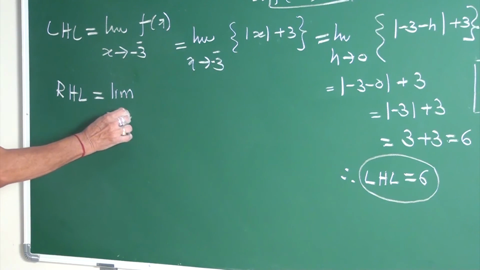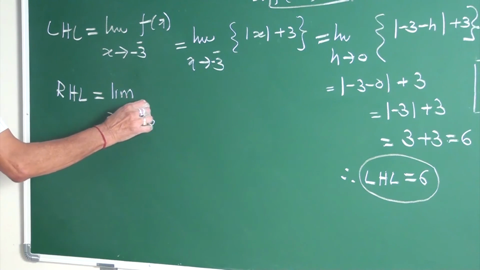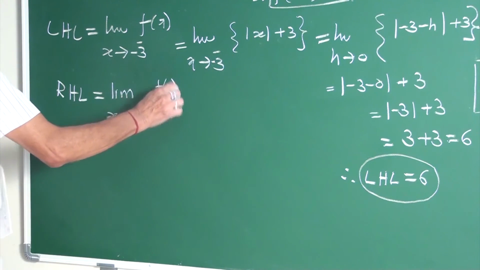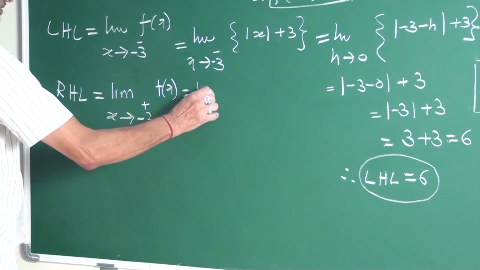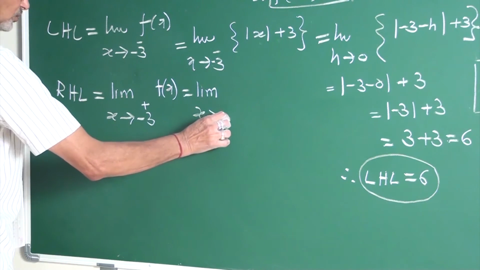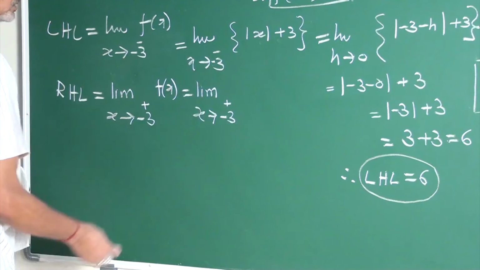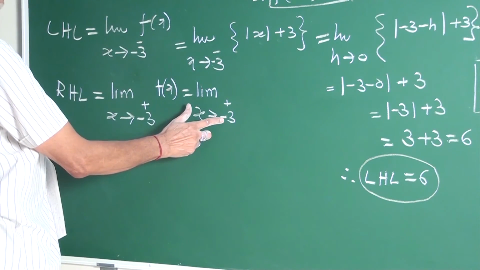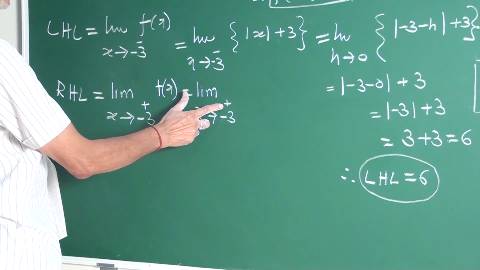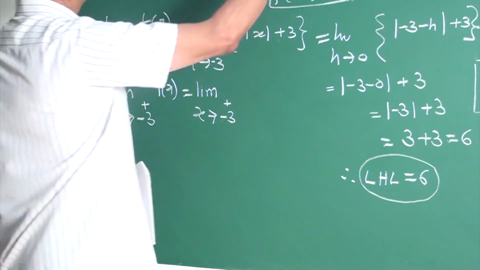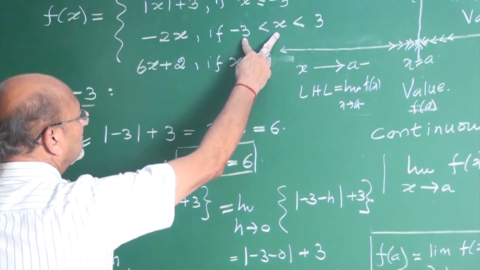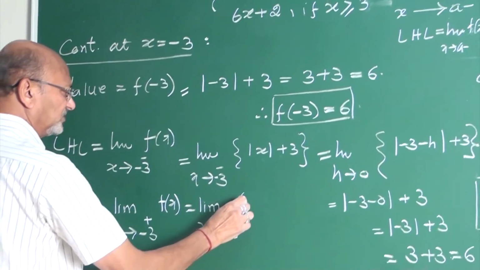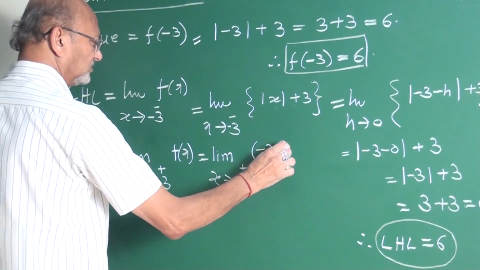Next comes RHL. Limit as x tends to minus 3 plus of f(x). In this case, minus 3 is less than x. When minus 3 is less than x, what is f(x)? It is minus 2x.